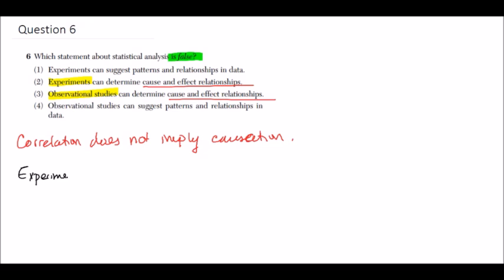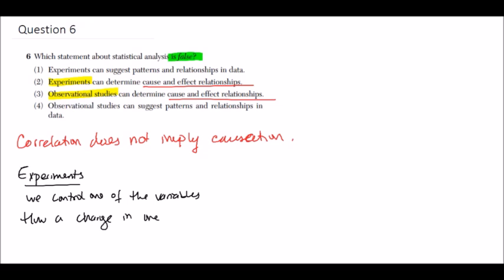In experiments, we control one of the variables. Sometimes more than one of the variables, and we are looking to see how a change in one variable causes or affects another variable.